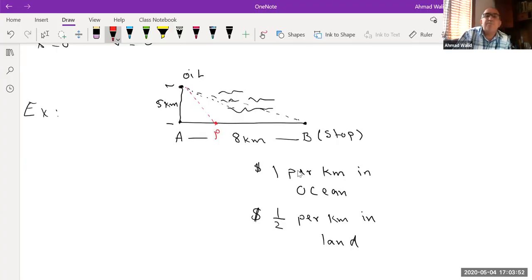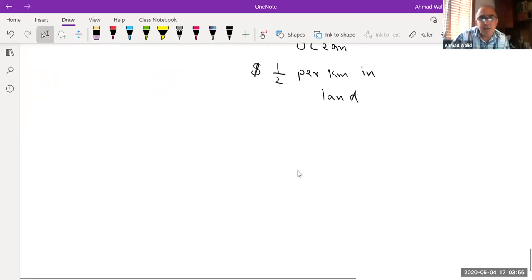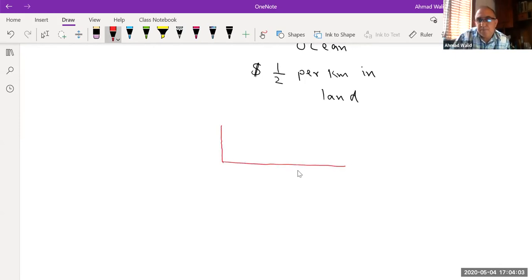Okay, now, a few questions for you. I will redraw the diagram here. Point B, point A, here P. The total from point A to B is 8 kilometers, right?